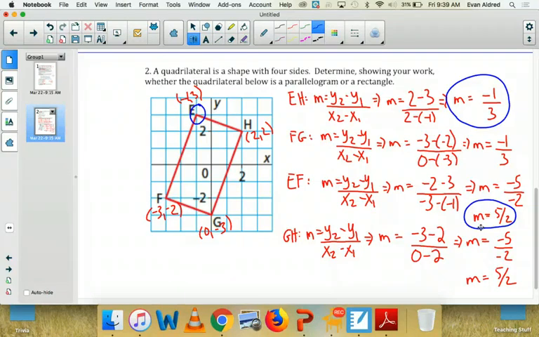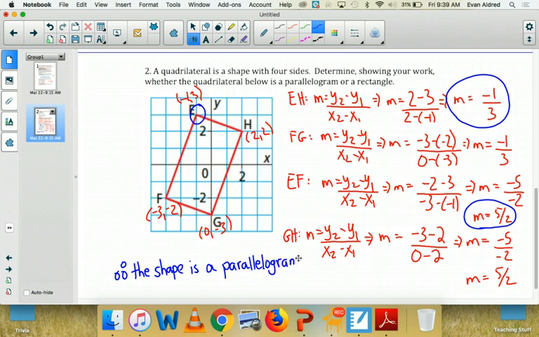If it's anything but a negative reciprocal, then it's not a rectangle, it's a parallelogram. And we look and see negative 1/3 and 5 over 2, those aren't negative reciprocals of one another. So we would say, therefore, the shape is a parallelogram.